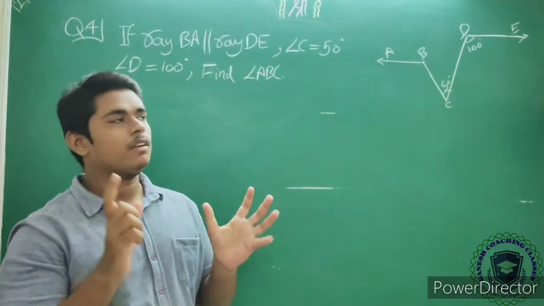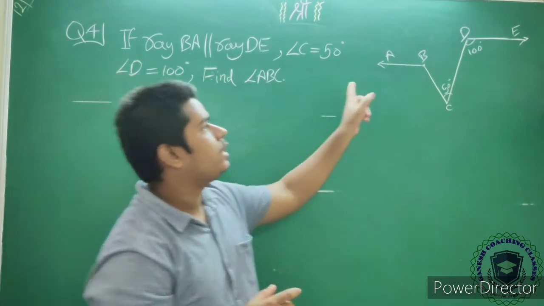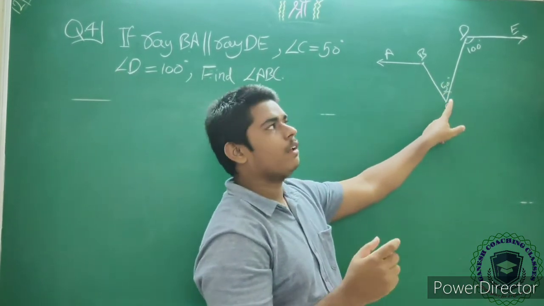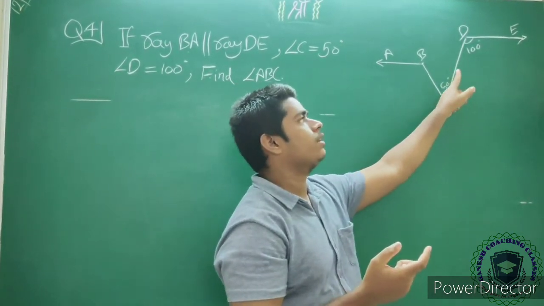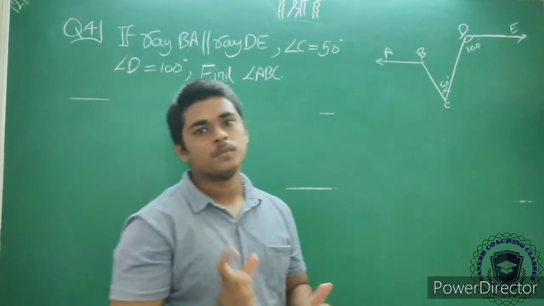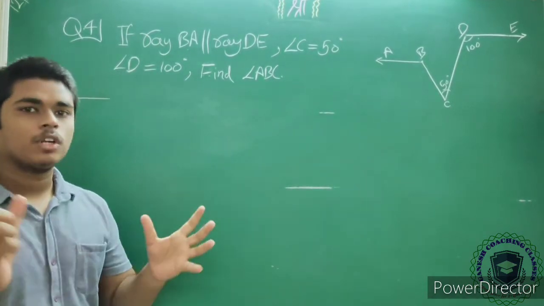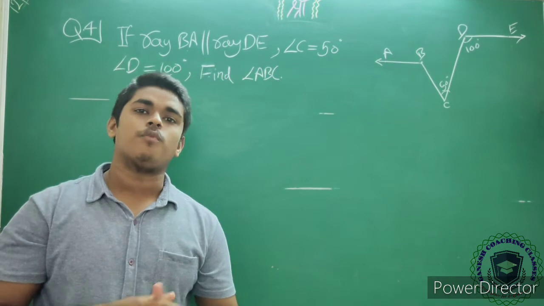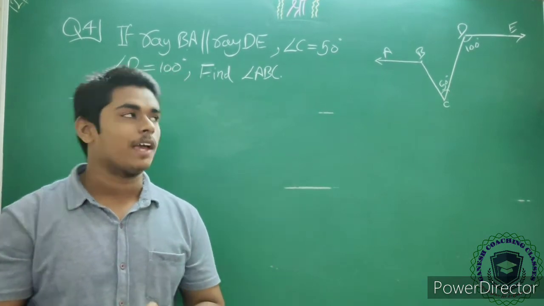So how can we find it? Is there any direct relation between angle ABC and either the 50 degree or 100 degree angle? No. So when there is no direct relation, we have to construct a line.